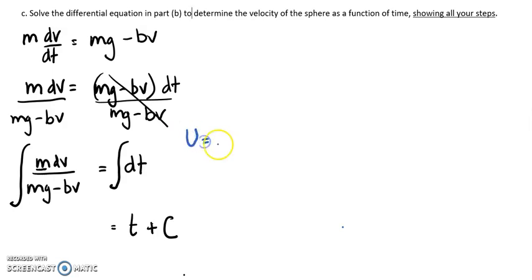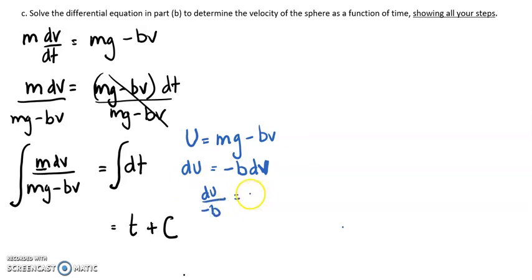So u equals mg minus bv. So du equals, mg is just a constant, so that disappears when I take the derivative, minus b dv. Great. So if I solve for dv, oh my goodness, v's and u's look alike, this is getting tricky. So du over negative b is going to be equal to dv.